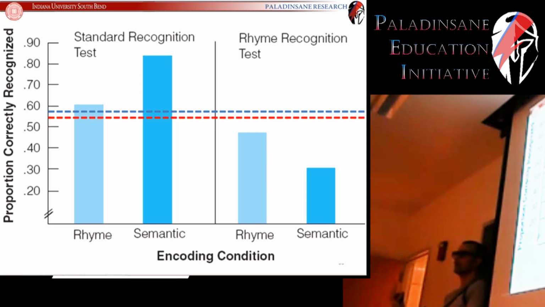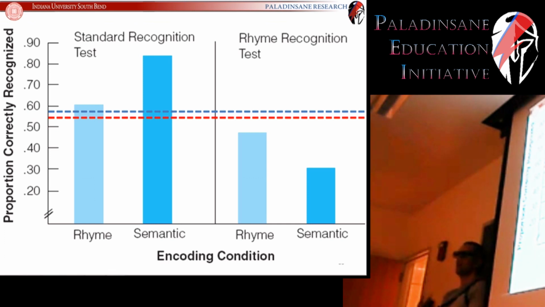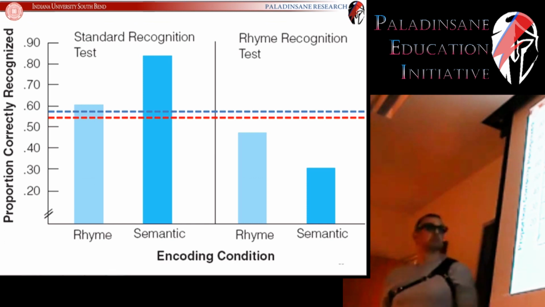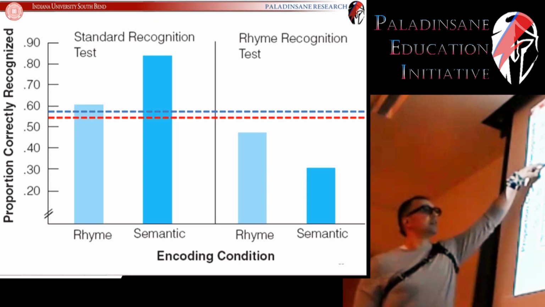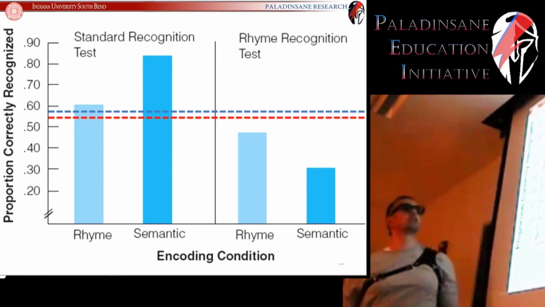This main effect would probably mislead you into thinking, you know what, you want to learn this information semantically? Learn it semantically. You want to learn it via a rhyme? Look, it's almost as good. So if you prefer to learn via rhymes, learn via rhymes. It's almost as good as learning semantically.